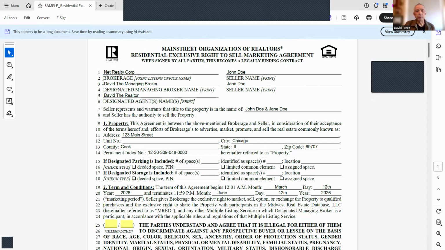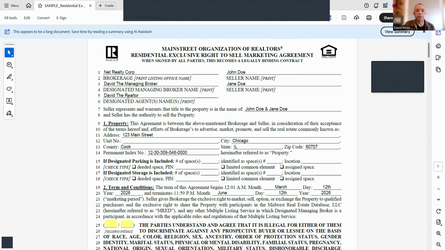Number 3 is the designated managing broker. This is usually the person that owns the office, the managing owner. He could have another managing broker over him in another office, but this is the person that runs the particular office that the agent having you sign this agreement works under.